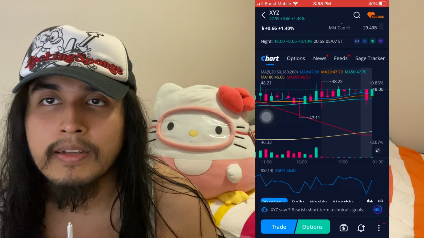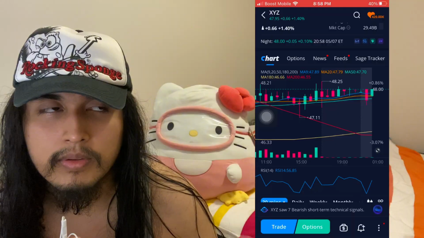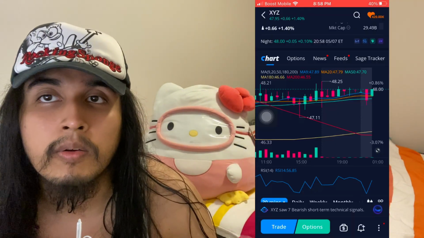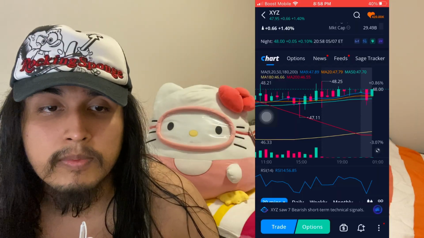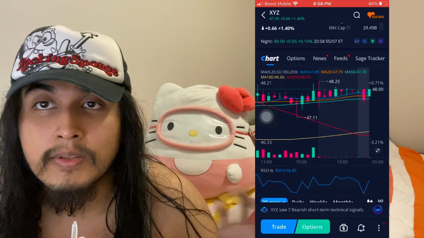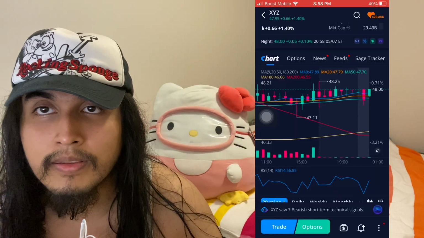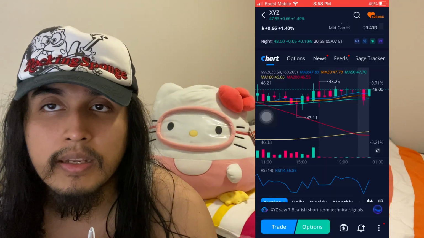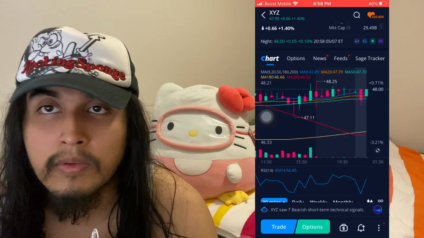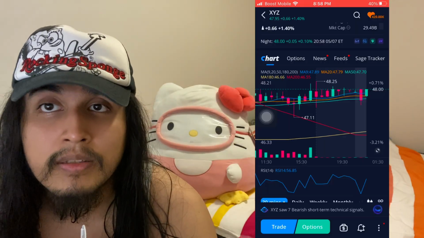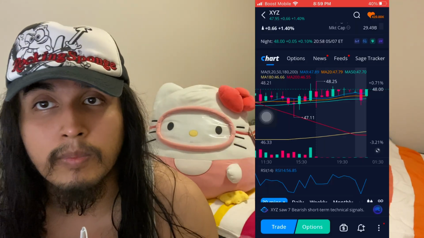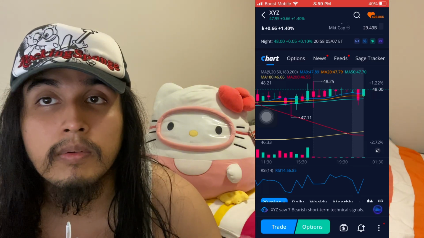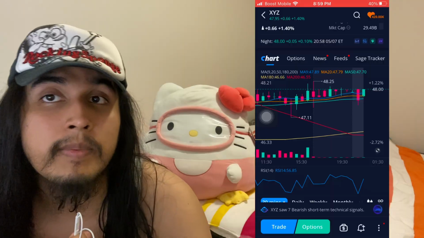I wanted to wait patiently and see, can XYZ hold itself on the 20-day moving average? Can it hold itself on the 50-day moving average, right? And basically I was just patiently waiting to see if it could hold itself on those moving averages. If it couldn't, I would just patiently wait and see if it could approach the other moving averages below it. And so that's what I basically did.